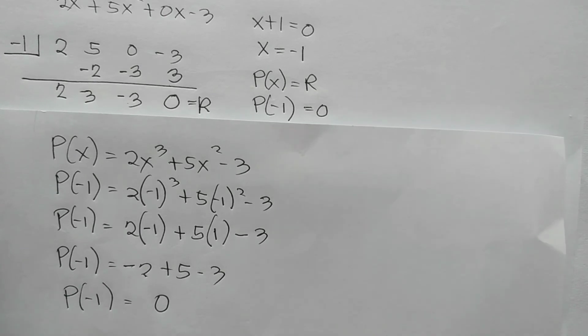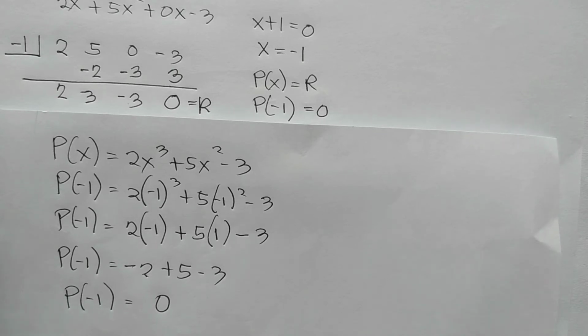So, it is actually easy now for you to solve or see the remainder of any given polynomial by just replacing P of x with the value of our divisor, which is x, and see what the remainder is.